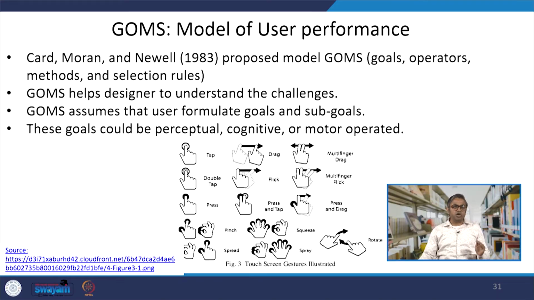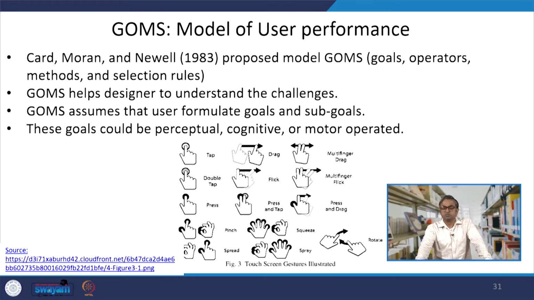GOMS tries to highlight those challenges, and the purpose of highlighting the challenges is not to demean anything, but to clearly state the problem of the user, so that the designer may modify its own operating procedures.